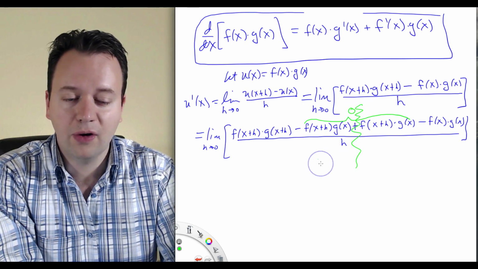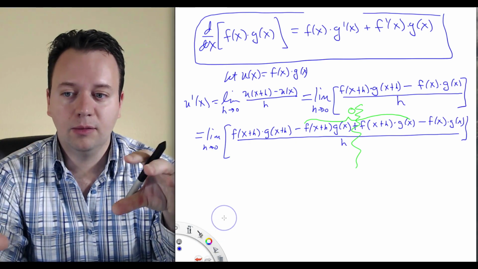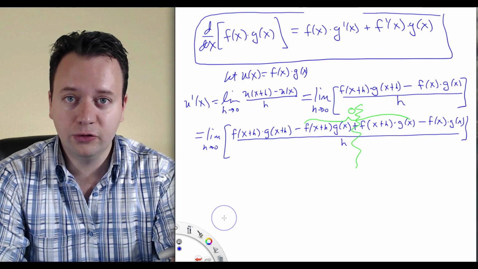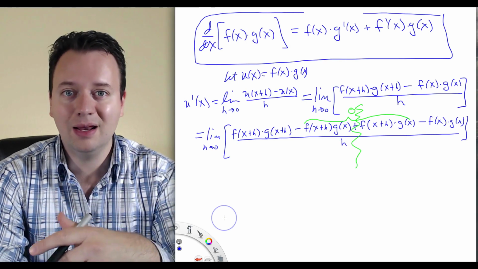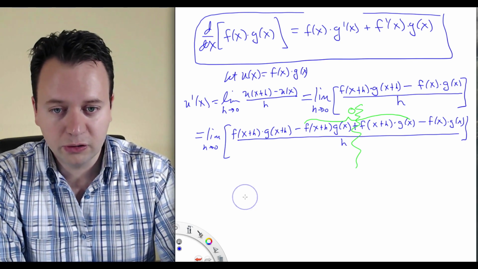I'm going to cut this fraction in half, so I'm going to break it apart into the sum of two fractions, and assuming the limit as h goes to 0 exists for both, I can distribute the limit over the two results.